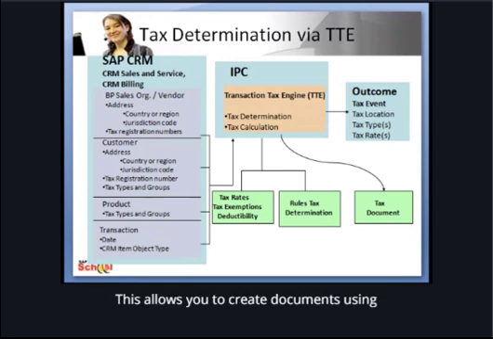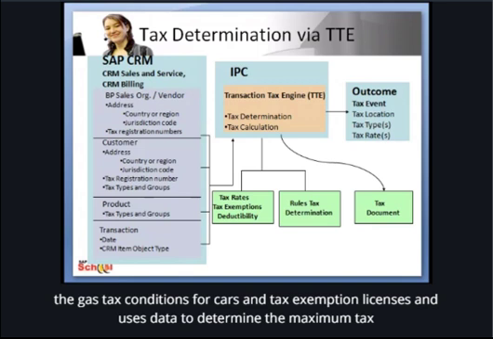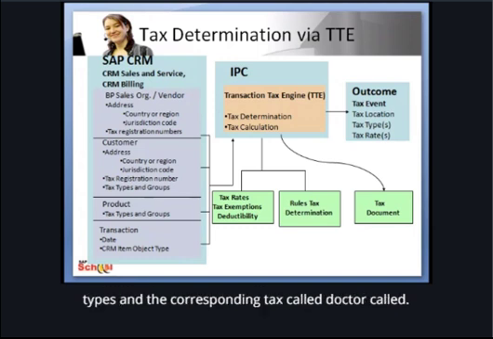This allows you to create billing documents using CRM billing. The TTE determines and calculates tax based on condition records and tax exemption licenses, and it uses the transfer data to determine the tax event, the tax types, and the corresponding tax record.